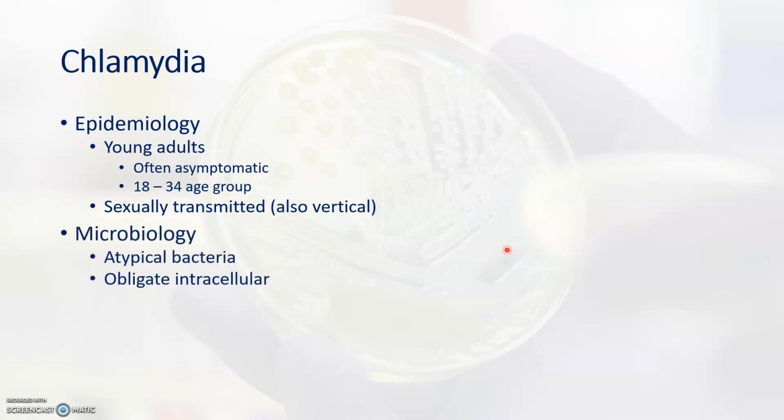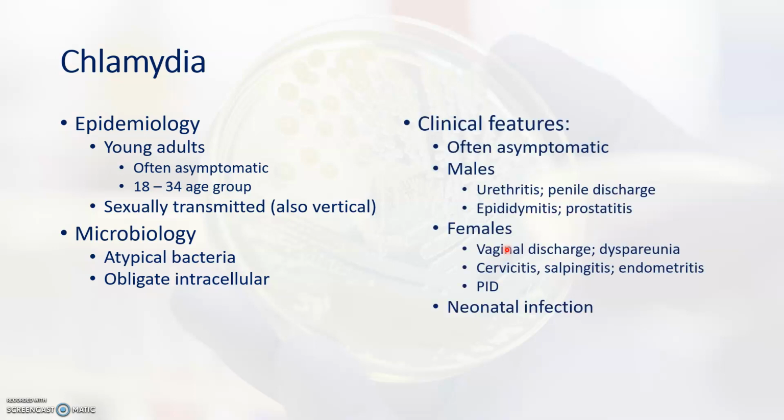It's an atypical obligate intracellular bacterium, and while often asymptomatic, if patients do have symptoms, it's usually associated with penile or vaginal discharge, urethritis, and in women dyspareunia. Again, the disease can spread to adjacent organs, producing things like epididymitis, cervicitis, or even PID. Vertical transmission through the genital tract can lead to neonatal infection, which can cause neonatal pneumonia, for example.